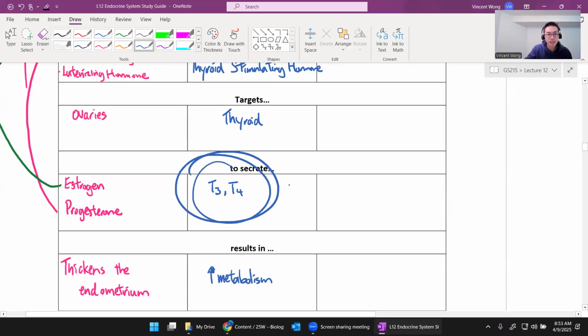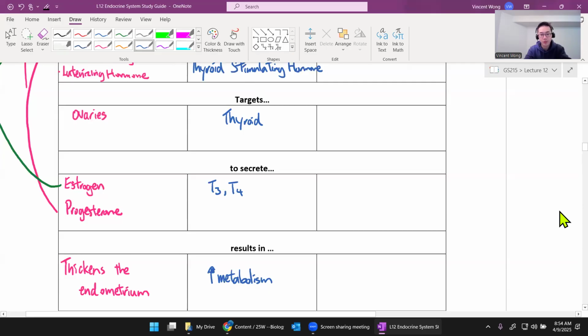Now, T3 and T4 are not the only hormones that are secreted by the thyroid gland. There is a third hormone not related to metabolism that's secreted by the thyroid. Just take a moment and try to think about what that is. What is the name of the third hormone that comes out of the thyroid?